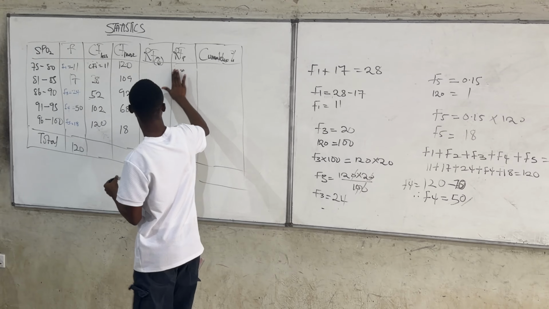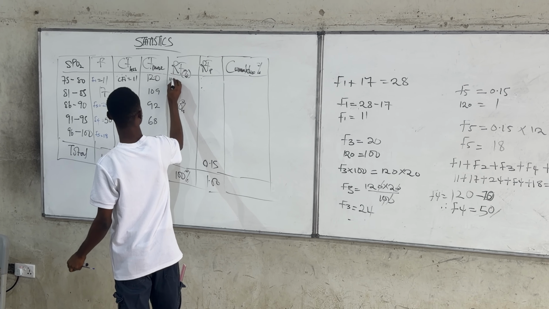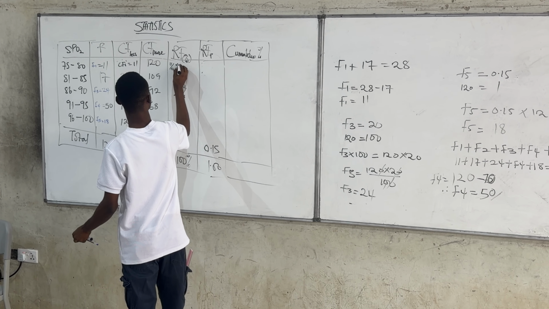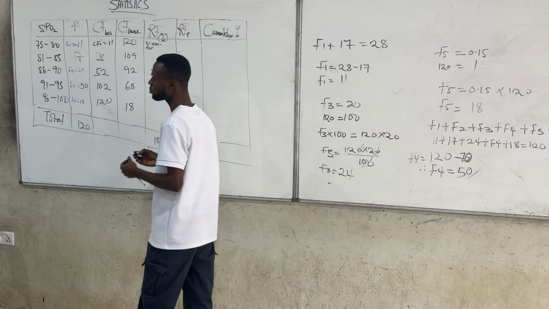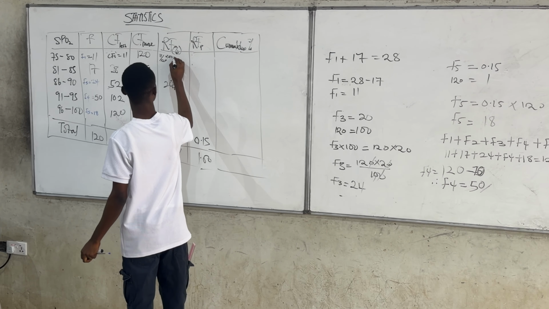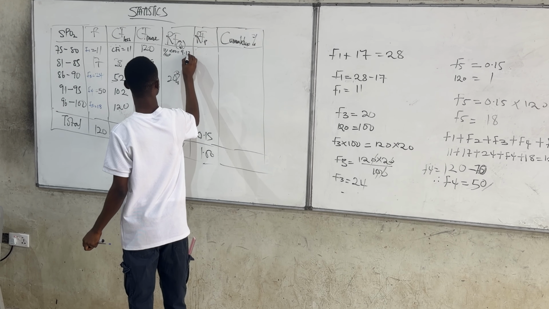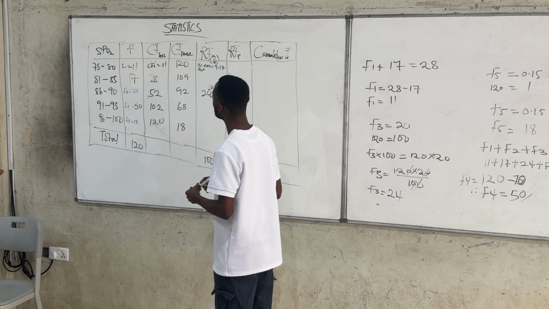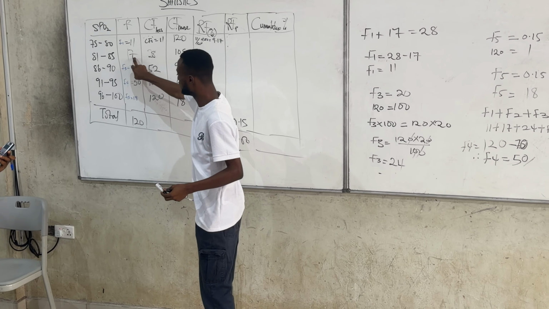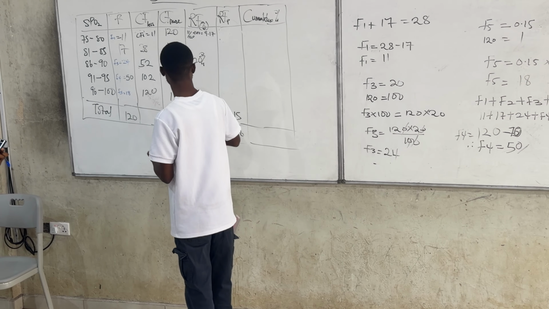Okay, sorry. So 11 over 120 times 100 is 9.1. Then the second one, you pick the 17 divided by the 120 times 100.